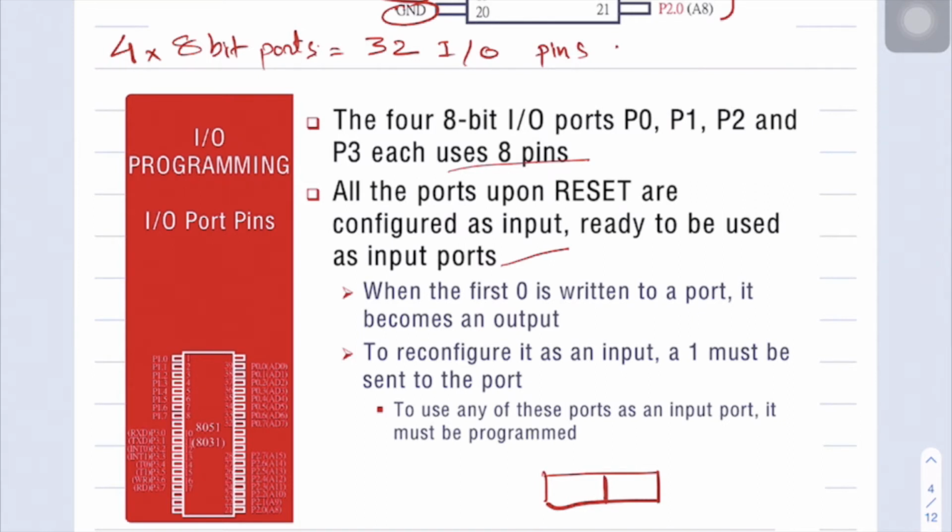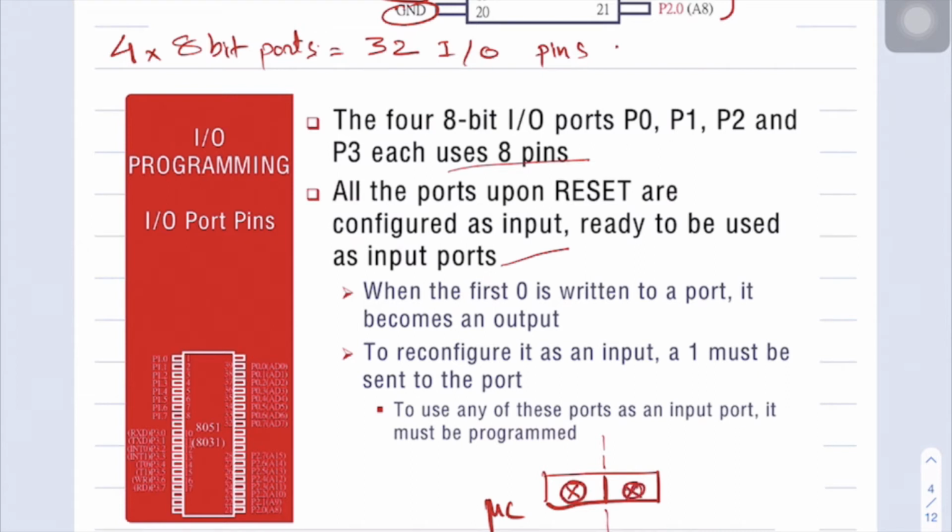One is the latch associated with the port. This is inside the microcontroller. If I take the microcontroller, and this is the pin of the microcontroller, we have the pin side of the port and the latch side of the port.